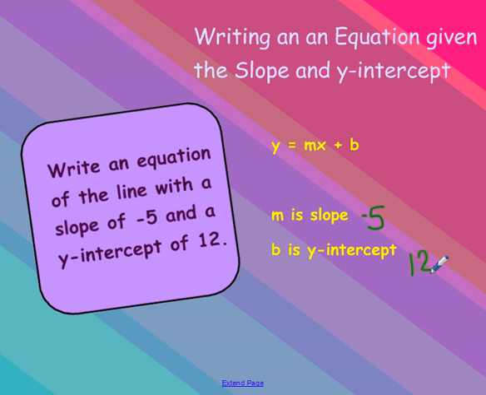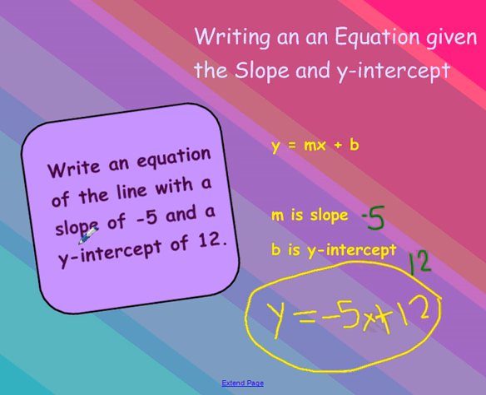What can I do? What do I know? I can rewrite this, right? I can rewrite it as y equals -5x plus 12. And I have just written an equation.